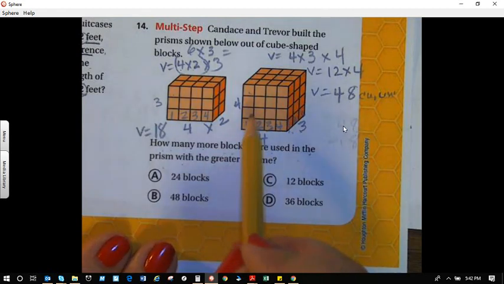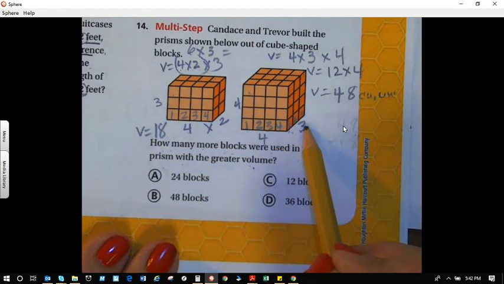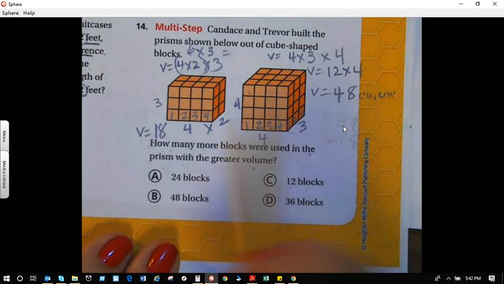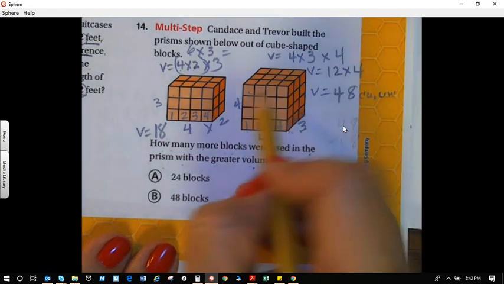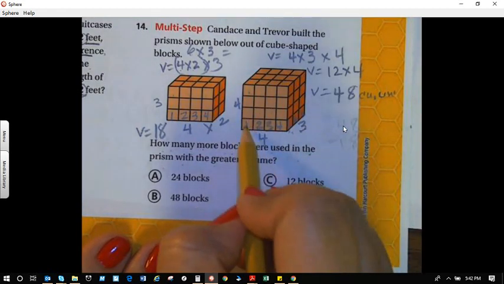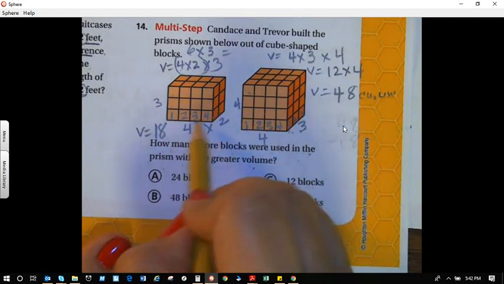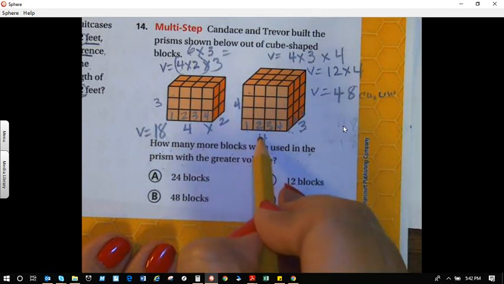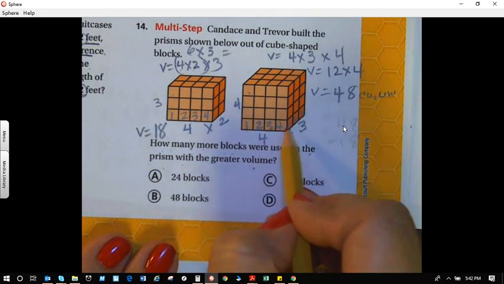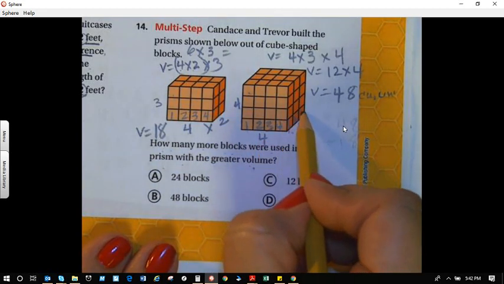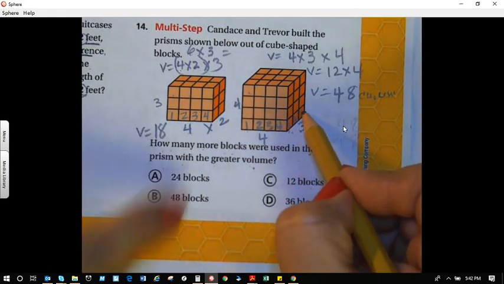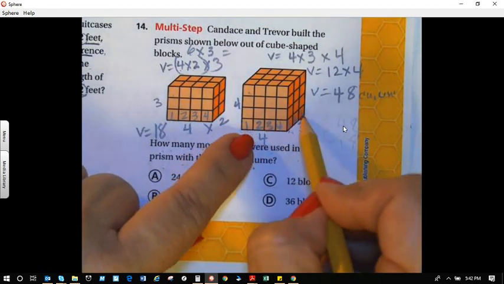You can't do it where it's 4 times 3 because it's more than that. Because this first one, you had 4 times 2 times 1, so that is 8. Here you have 4 times 3, so that's 12. Right? So our base was 12.